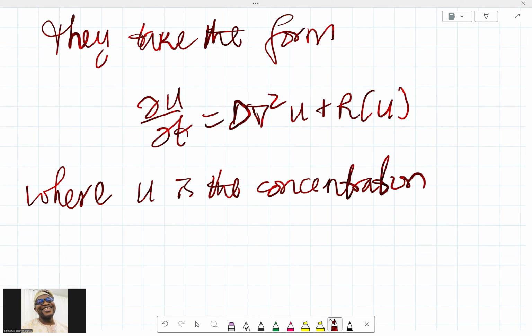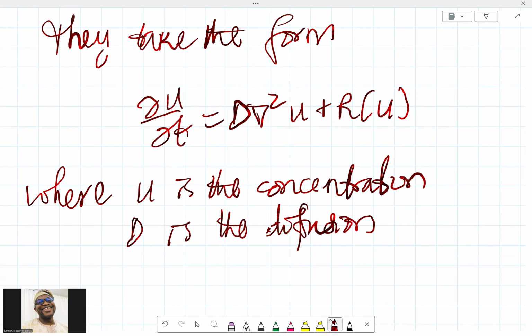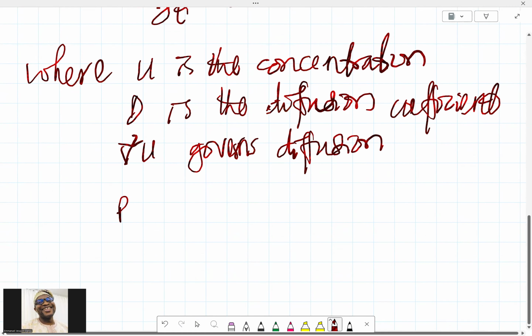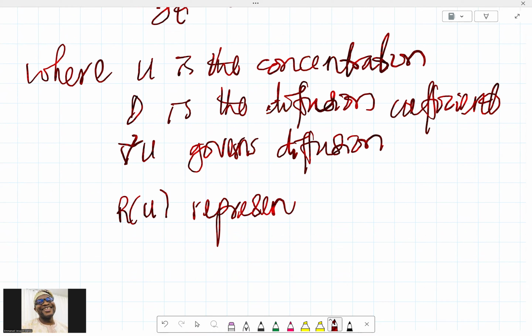Then D is the diffusion coefficient, so it determines how fast something spreads. Then you have del squared U, which governs diffusion. Then you have R of U, which represents the reactions taking place.